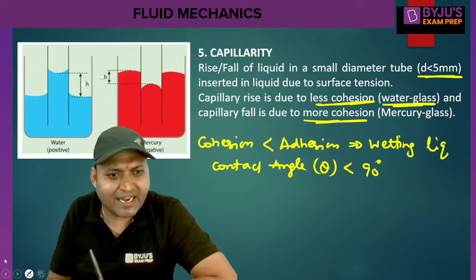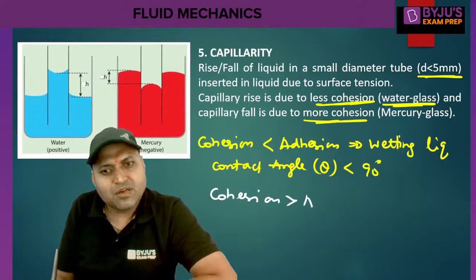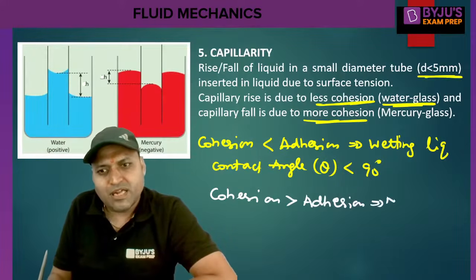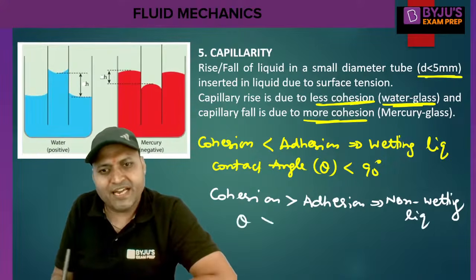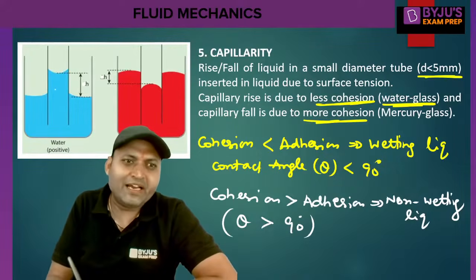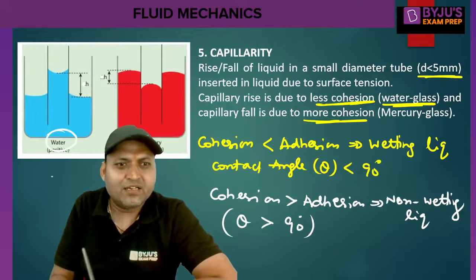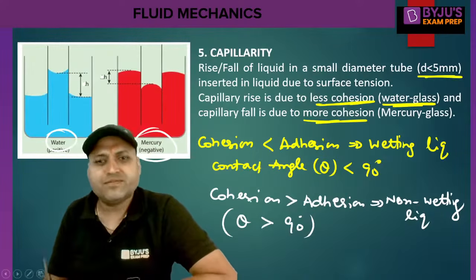And for cohesion greater than adhesion, the liquid is called a non-wetting liquid, and theta is greater than 90 degree. So here it is the wetting liquid. Water is a wetting liquid for glass. Mercury is a non-wetting liquid for glass.